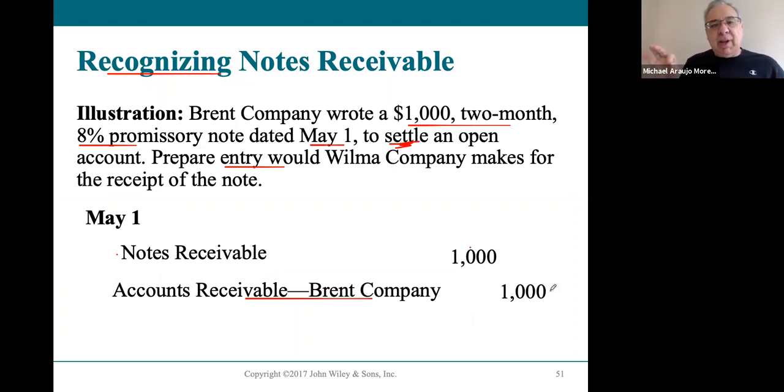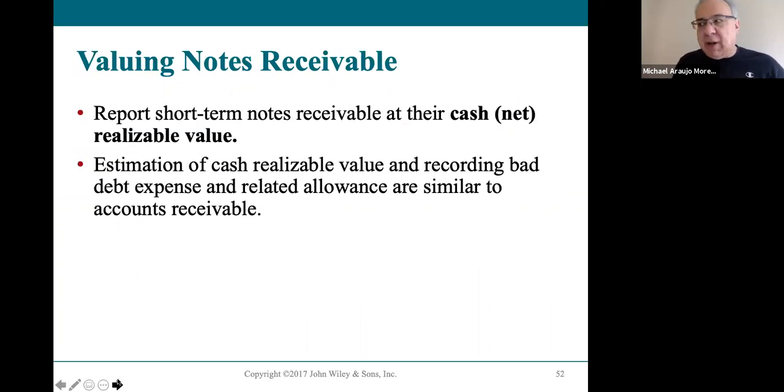So Brent Company no longer is an accounts receivable. Brent Company is now a note. Okay. So we're waiting to get paid for that note. And again, since it's May 1st and it's 2 months, you can just simply count June, July. So it's going to be due July 1st. Very simple to calculate when it comes to months. More complicated when it comes to days, because you're literally going to sit and count the days.